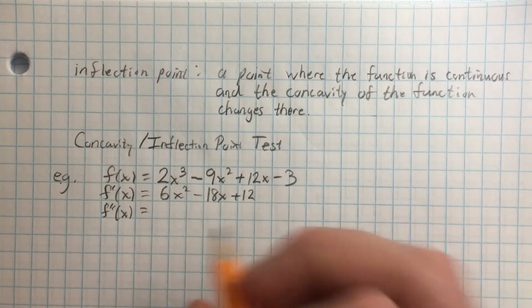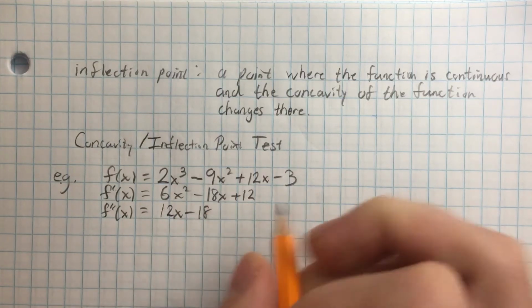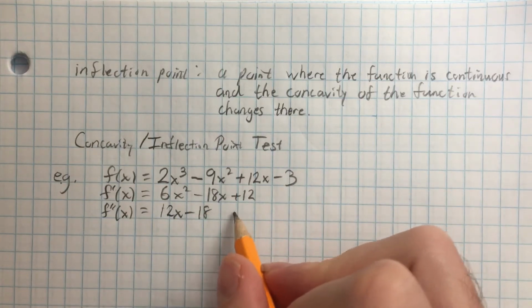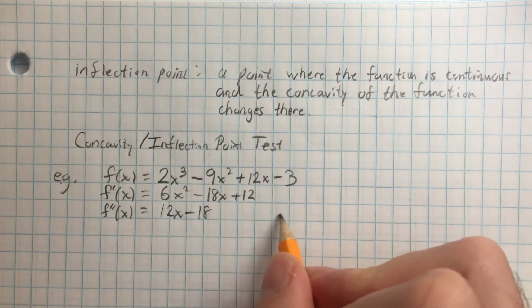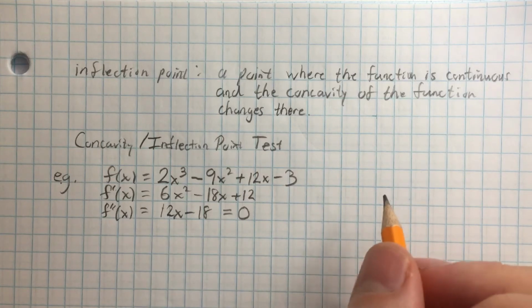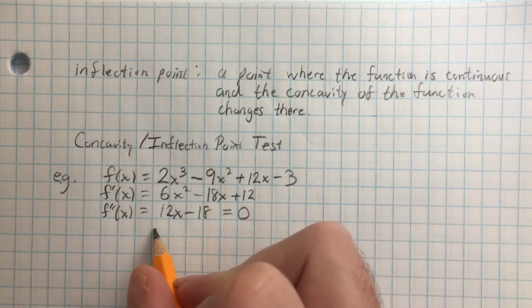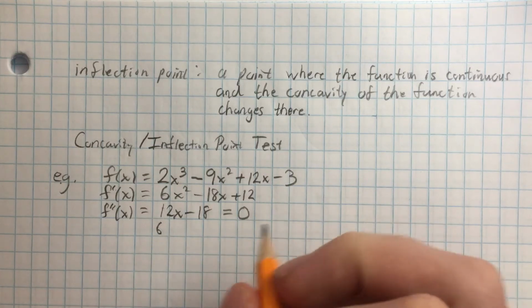So we'll have 12x minus 18, and I would like to know where this is less than 0 or greater than 0, but to find that out, I will set it equal to 0 and make my sign chart. So in this case, if I just factor a little bit, I guess I can take out a 6 maybe.